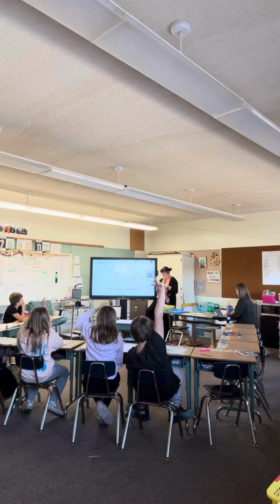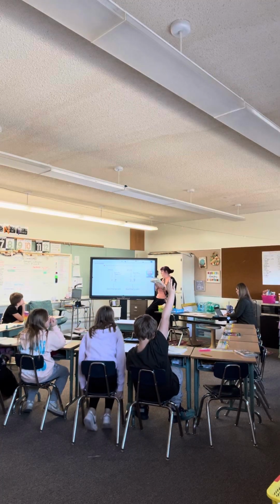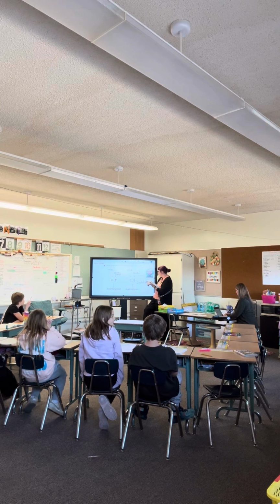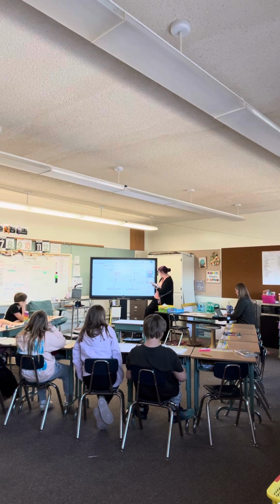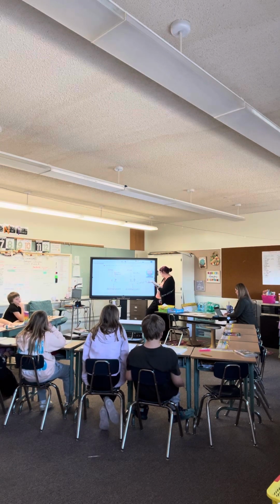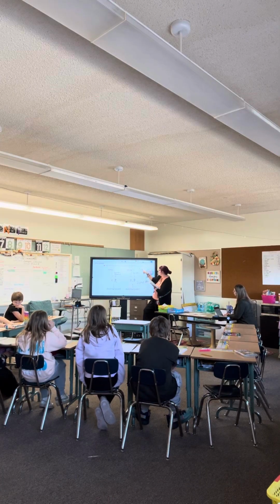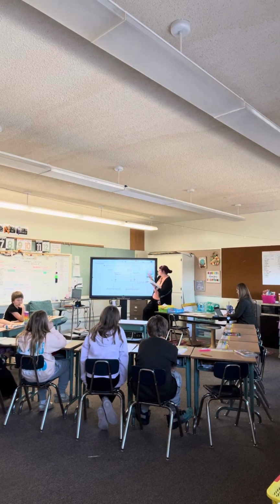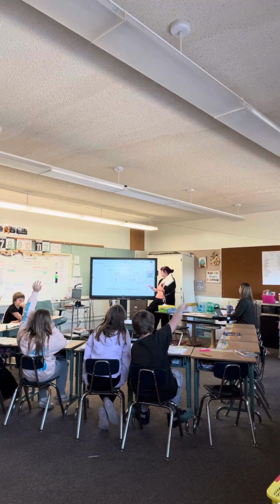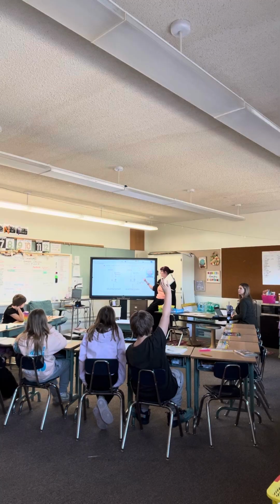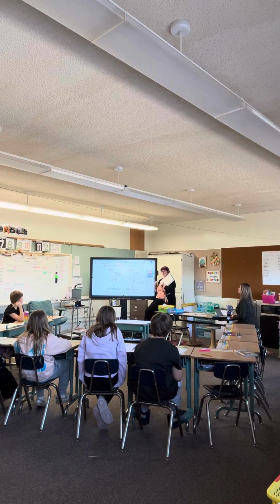Zoe? 2 and 4 tenths. Does that make sense? What if I had 3.7? How do I say it actually? Blake? 3 and 7 tenths. Beautiful.